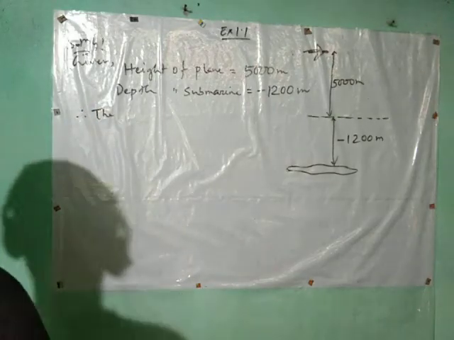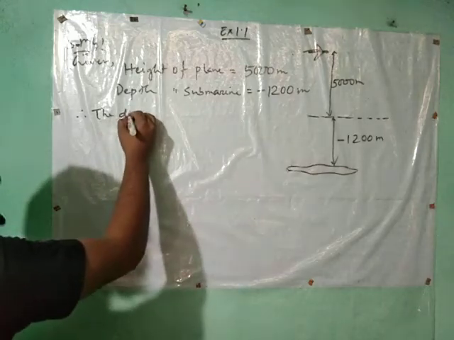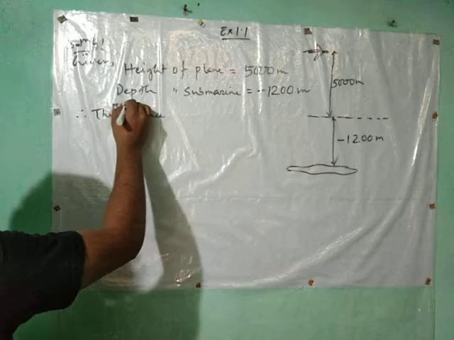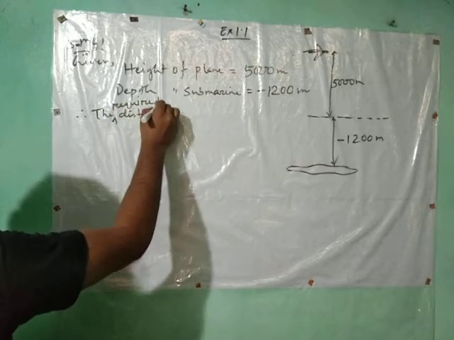Therefore, you can write here: the required distance.